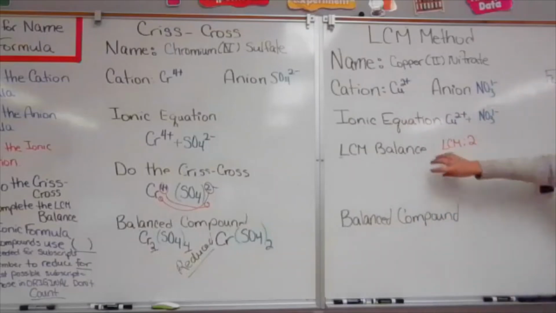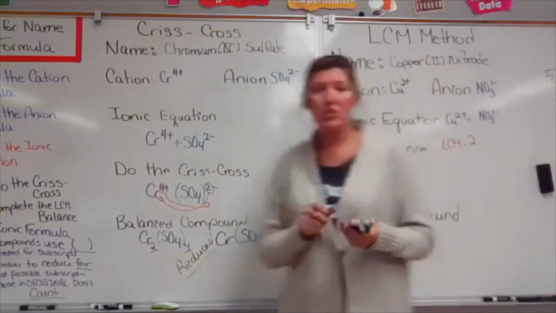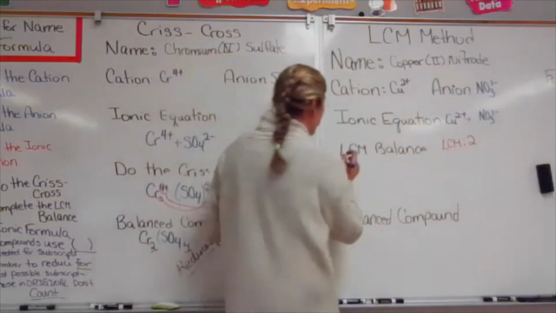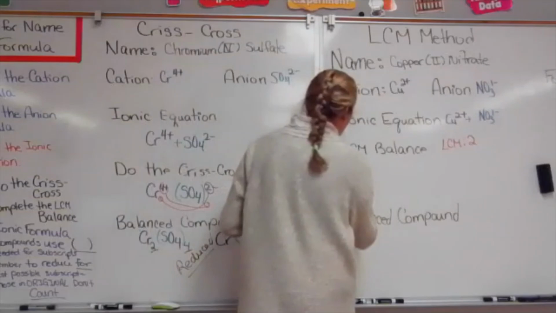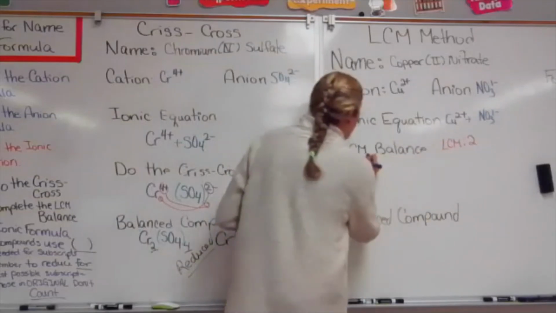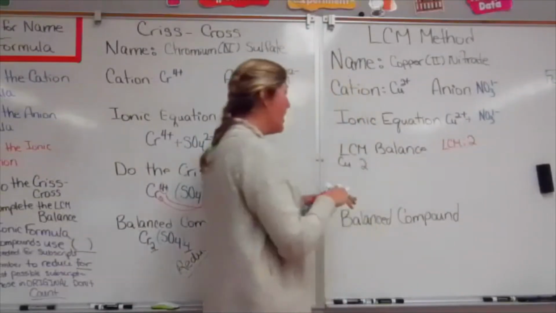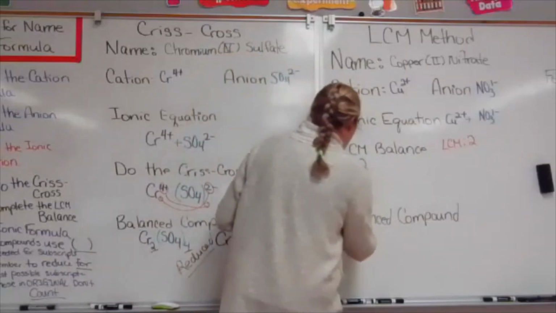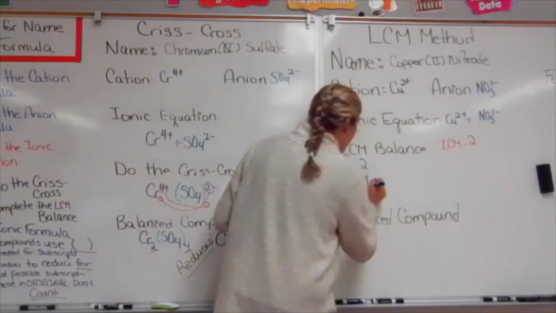Okay, from this, we can make our LCM chart. So from our LCM chart, we can see Cu, and then I can pull down my charge number of 2. And for NO3, I can bring down my charge number of 1.